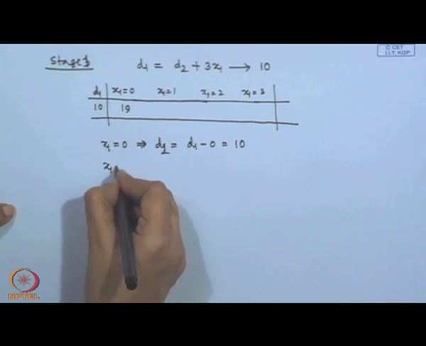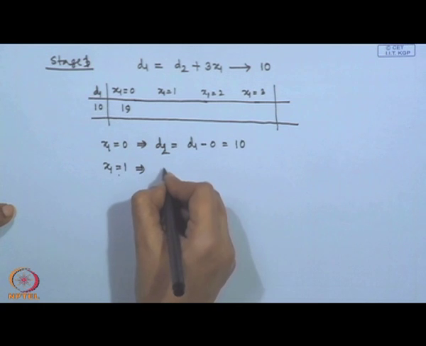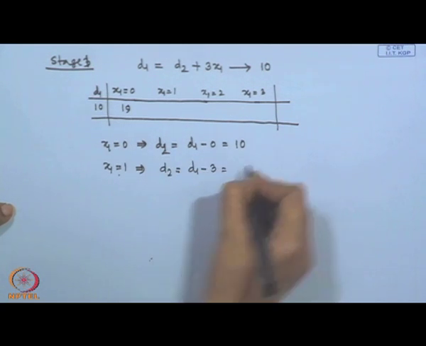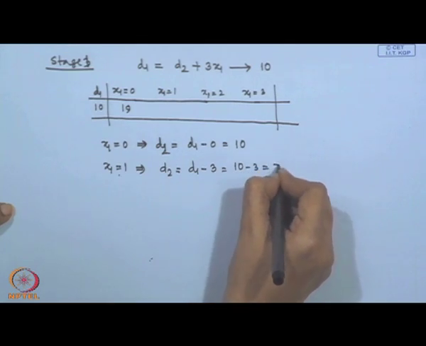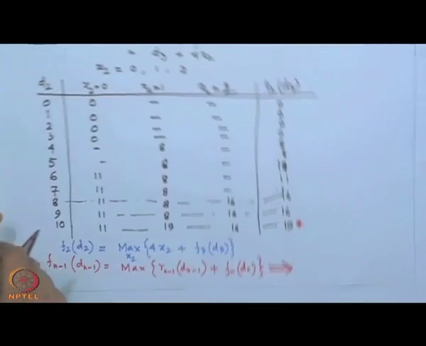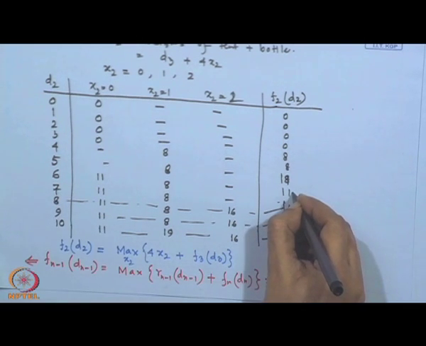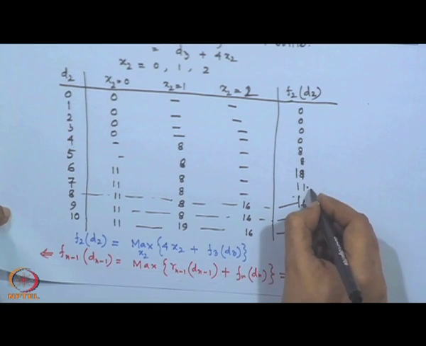If we consider x1 equal to 1, it means that D2 must be equal to D1 minus 3, that means 10 minus 3, that is equal to 7. Go back to the previous table. For 7, the corresponding objective functional value is 11.